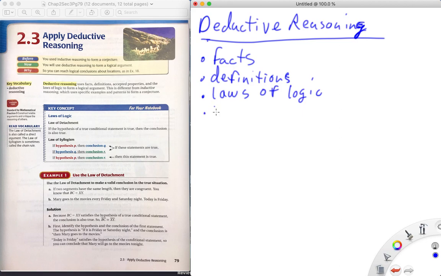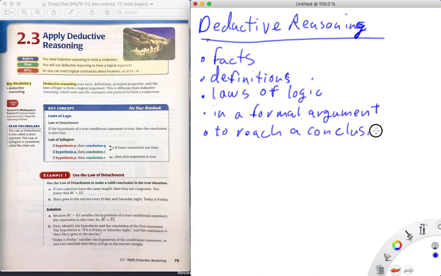We're going to use all of that in a formal argument. We're using facts, definitions, and laws of logic in a formal argument to reach a conclusion, or conjecture.